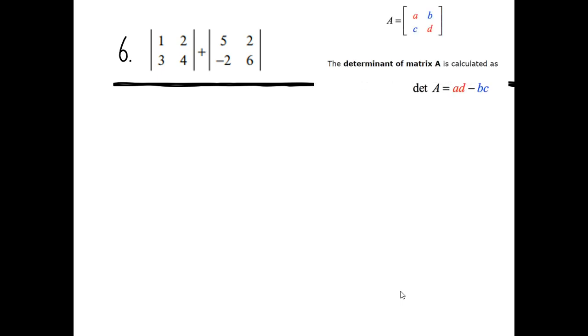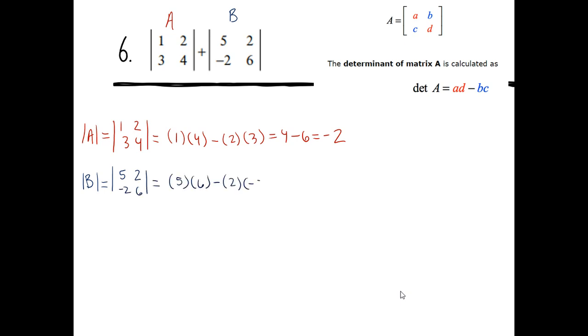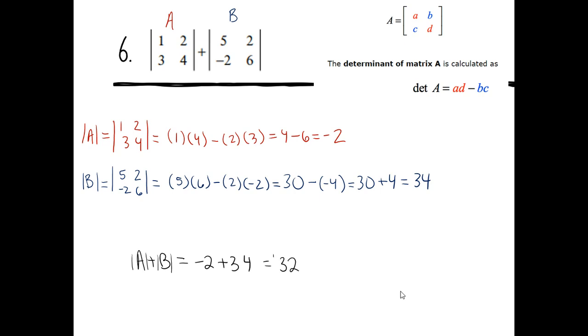So here's our formula. We're going to find the determinant of A first, so I labeled the first one A. The answer I got was 4 minus 6, which is -2. Then I'm going to find the determinant of B. And for B, I got 34. So just add those two together. -2 plus 34 gives me 32.